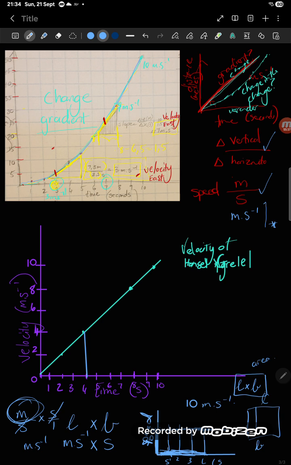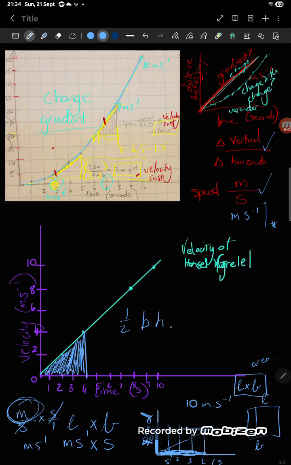So in the same way, if I want to work out how far I went in 4 seconds, guess what? What's the area of a triangle? Because the triangle is half of that.